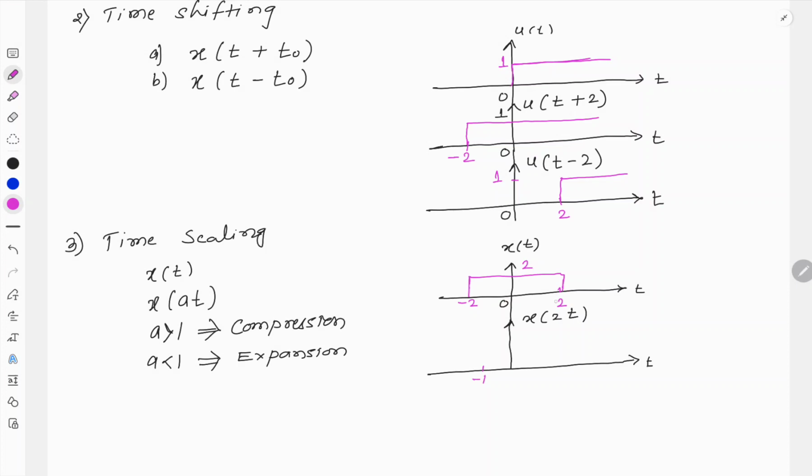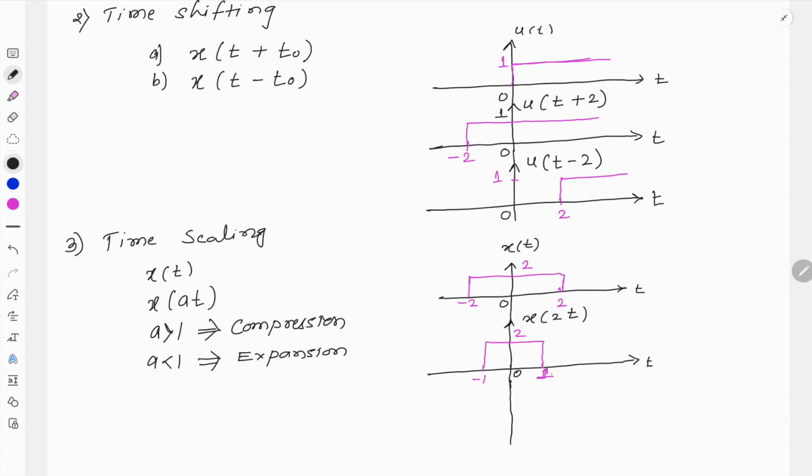Similarly, towards the positive side it is 2, divide it again by 2, it becomes +1. And draw a rectangle between these 2 points with the same amplitude 2. So in this way our signal is now compressed. Initially the width of the signal is 4 and now the width of the signal is 2. So we are compressing the signal in the time parameter.